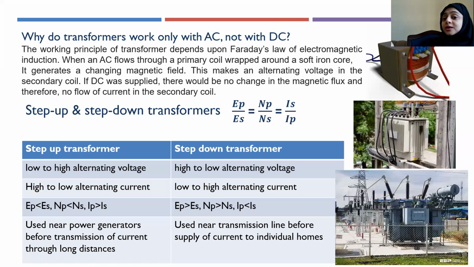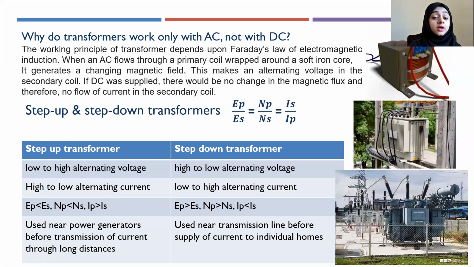The supply current which we receive at homes is AC in nature. It changes around 50 times in a second. So it keeps on changing. Now remember Faraday's first law. Electromagnetic induction happens only if there is change in magnetic flux.